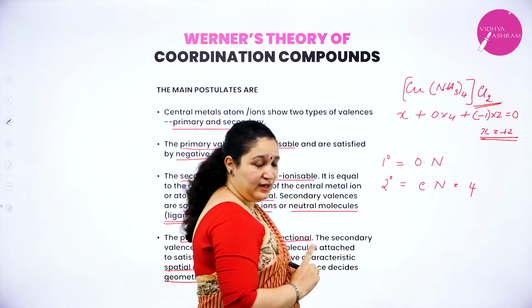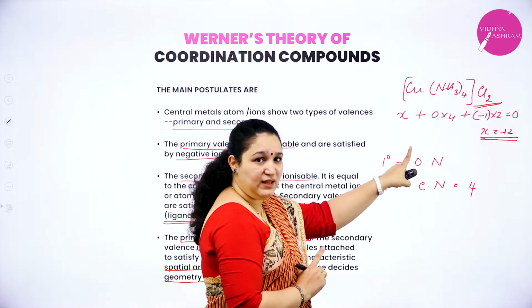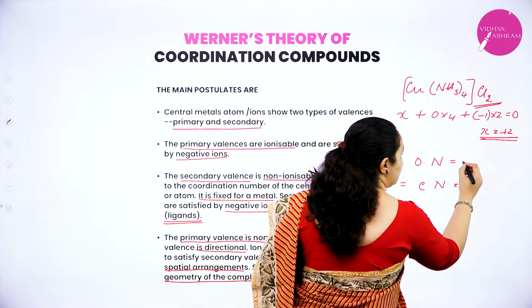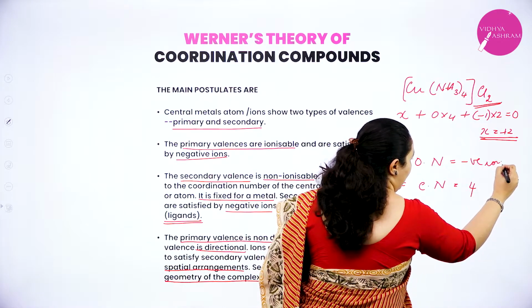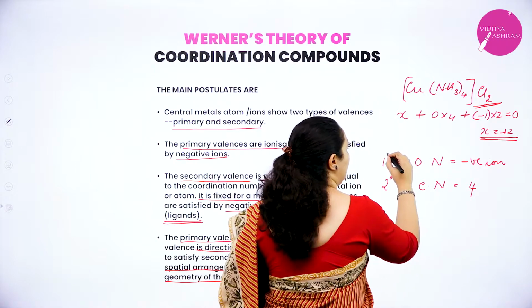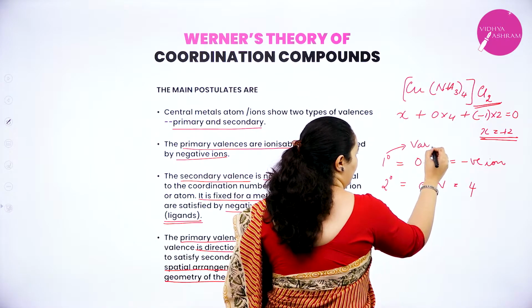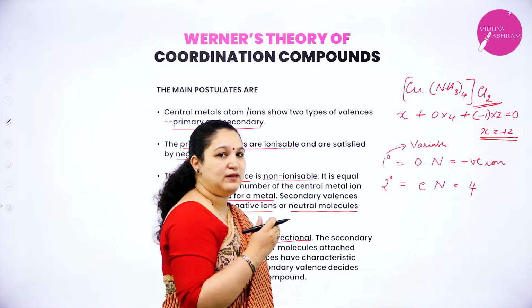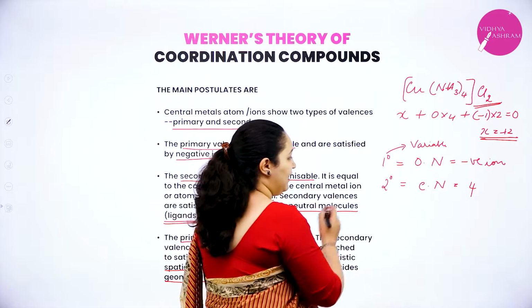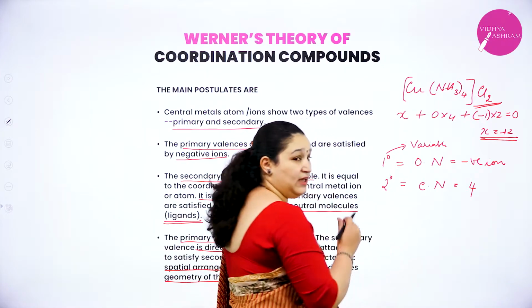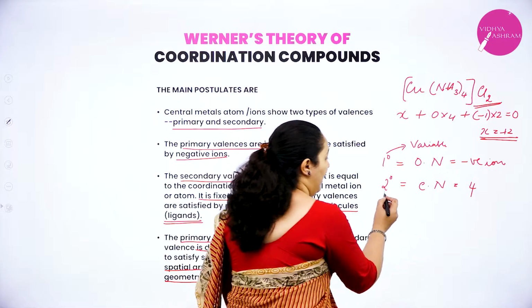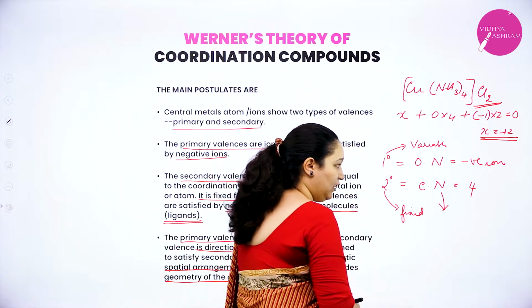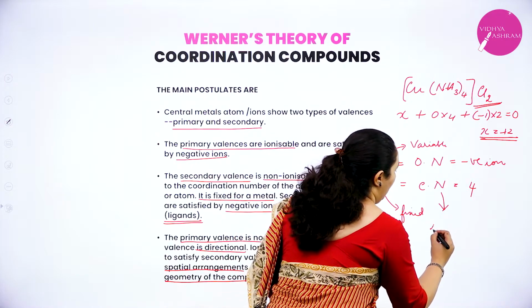Here, once again I shall repeat, primary valency is nothing but the oxidation number of the metal ion. It is always satisfied by negative ions. And primary valency is variable, it can change from one complex to the other, whereas secondary valency is nothing but the coordination number of the metal ion and it is fixed.